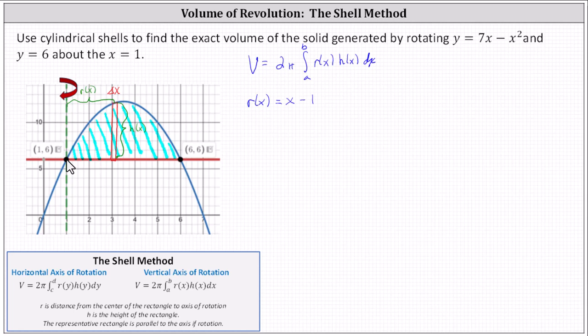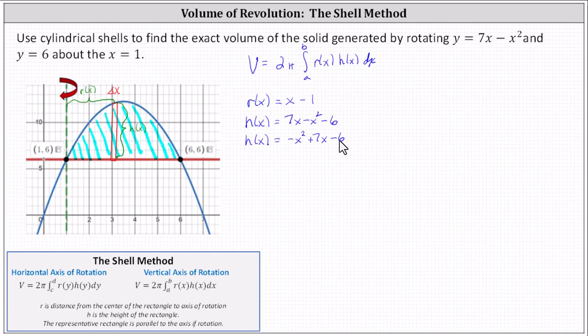And then the height function, h of x, is simply the top function minus the bottom function, which gives us h of x equals 7x minus x squared minus 6. Let's go ahead and write that as h of x equals negative x squared plus 7x minus 6.